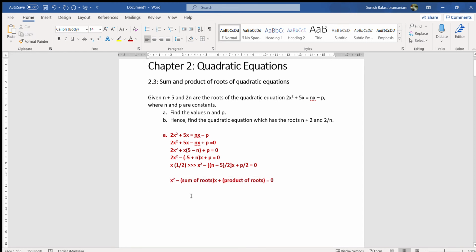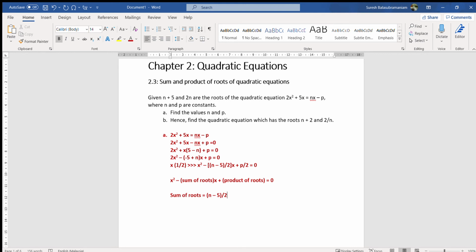Okay, now moving on, I can write there sum of roots, and I know the sum of roots from the equation here. So the sum of roots is n minus 5 over 2.